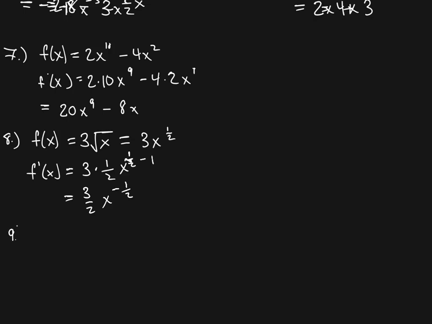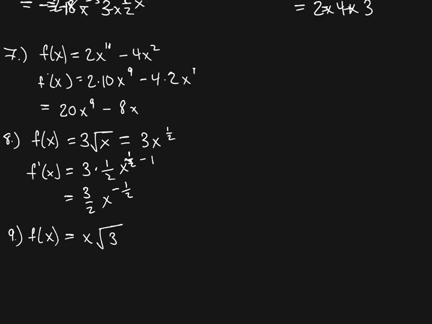Problem number 9. This one looks similar, except it's a little bit easier. So f of x is equal to x times the square root of 3. Now the square root of 3 here is a constant term, right?